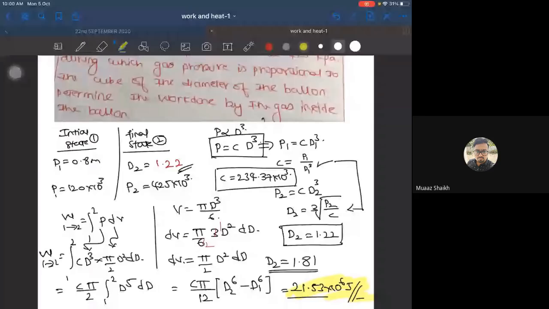Okay, there is one more answer. 186 point, how much? 2. 186.2 into 10 power 3 joules. Kilojoules. Okay, kilojoules. Most of them are getting the same: 186.2, Nashad. Benoy also the same thing. Karthik, just check your answer. Okay, sir, I'm going to do it.